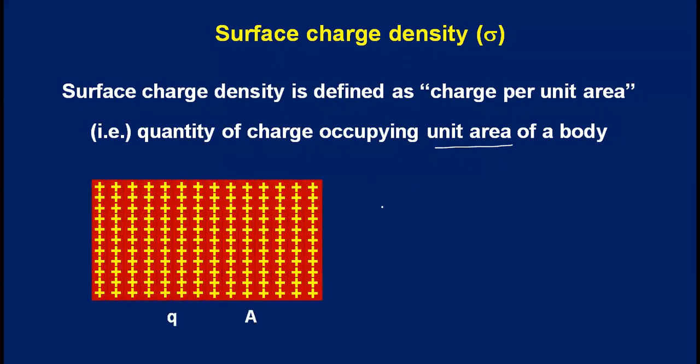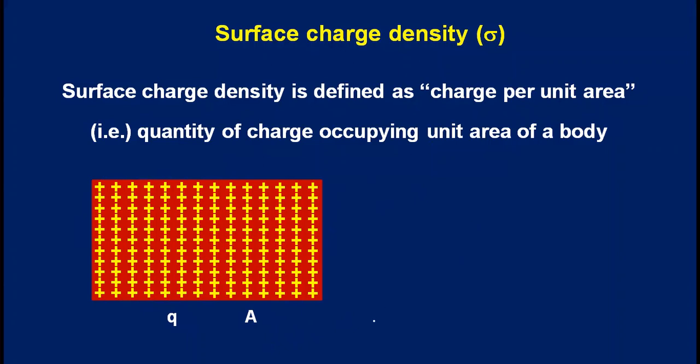Now let me consider charges which are distributed over an area A. Imagine the total charge distributed in the area A is Q. So let us consider Q coulomb of charges getting distributed over the area A of a body. Therefore, let me find quantity of charge per unit area.